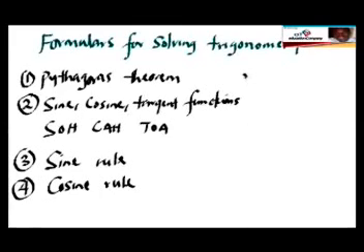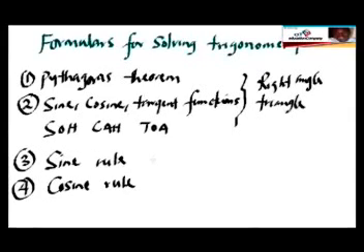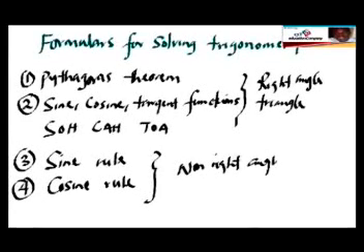Meanwhile, the first two here, which are the sine, cosine, tangent functions, as well as Pythagoras theorem, are mainly used to solve right angle triangles. So you use these to solve right angle triangles. And you use these other two formulas to solve non-right angle triangles.